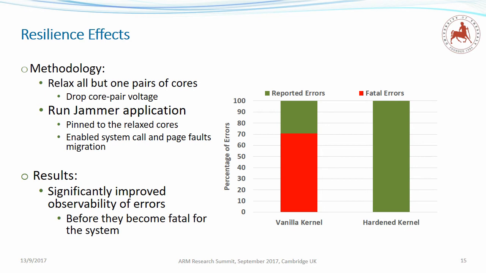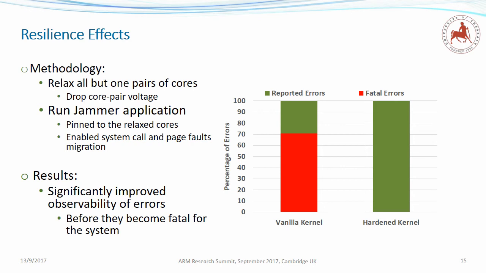Two of the cores are configured in nominal conditions, and the rest are configured in saving those guard bands. We run this jammer application, this denial of service detection application, and we pin its threads to the relaxed cores. And we have enabled the mechanisms in our kernel.